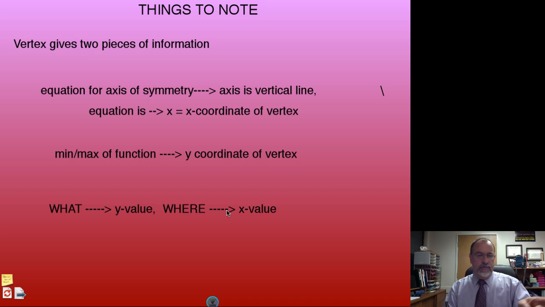If you go over to the x of 7 and you go up, you'll see the maximum is right there, or the vertex, or the minimum. So it's very important to understand that what means the y value and where means the x value when you're asked these questions in a word problem or in your assignments.